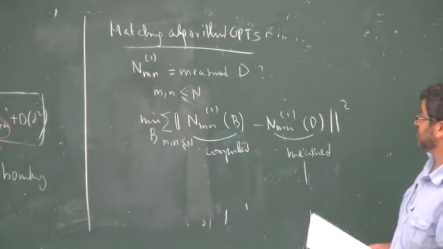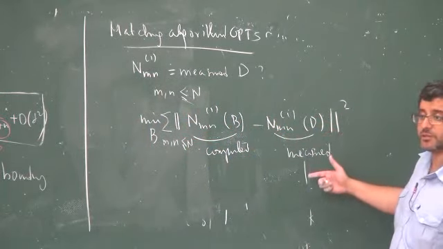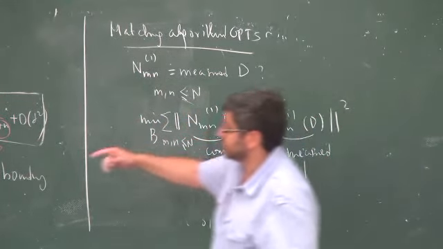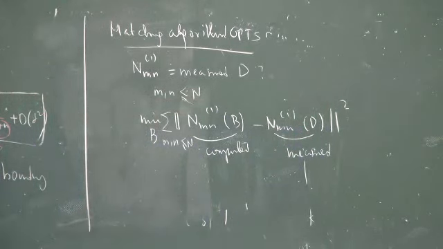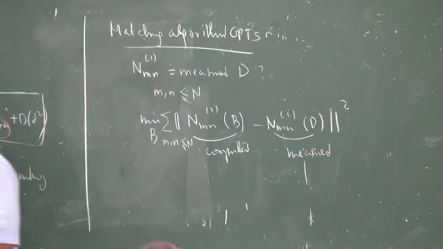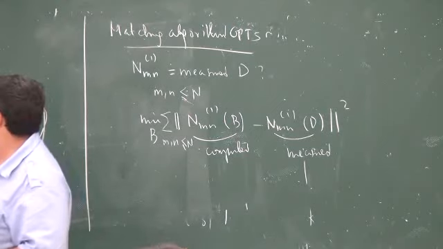To minimize this one, we have to compute the shape derivative. The shape derivative for generalized polarization tensors was computed somewhere before. For disks, it is this one.